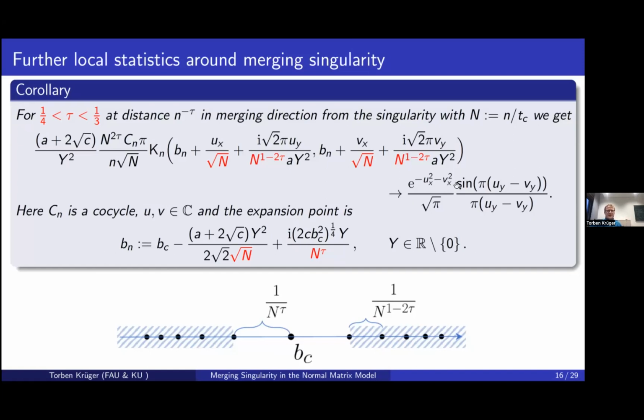You can think of it this way: the particle system is, in the x direction, confined to 1/√n distance, but in the y direction, it has a wider spacing scale. So it's effectively one-dimensional. That's why the sine kernel comes up here.